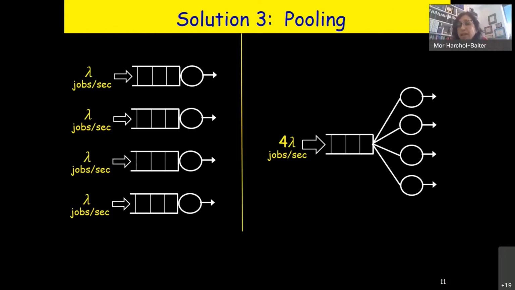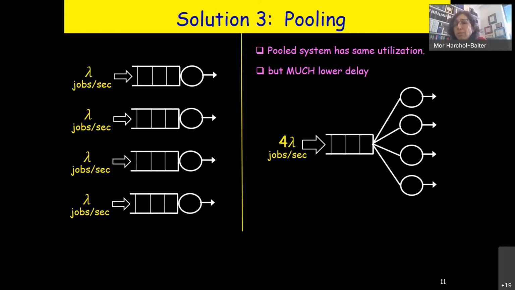It's a very simple idea, right? Everybody's just sharing one queue. And whenever a server is free, it's going to grab from the one queue. Now, the pooled system has the same average utilization as the original system. I haven't done anything. Same average utilization, same arrival rate, same service rate, same utilization. But we all know that the pooled system has much, much lower delay.